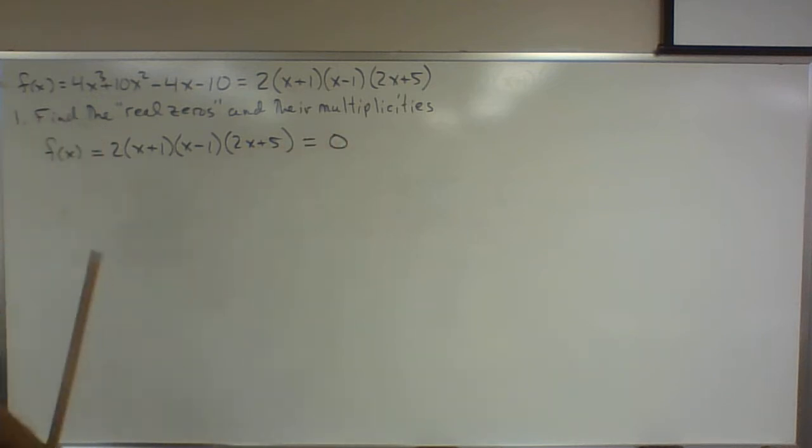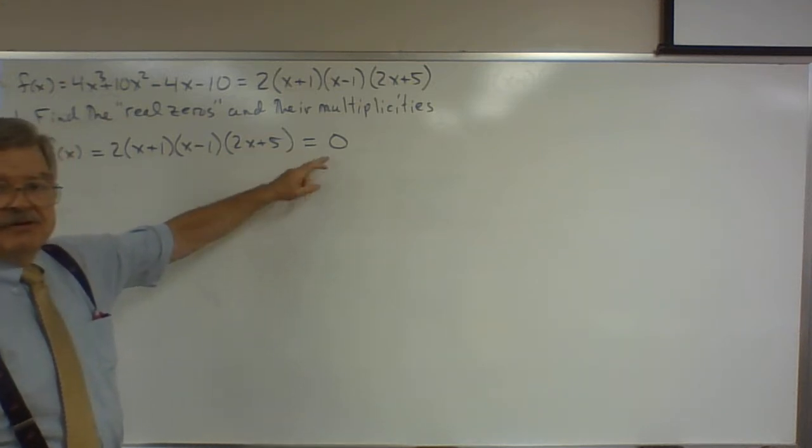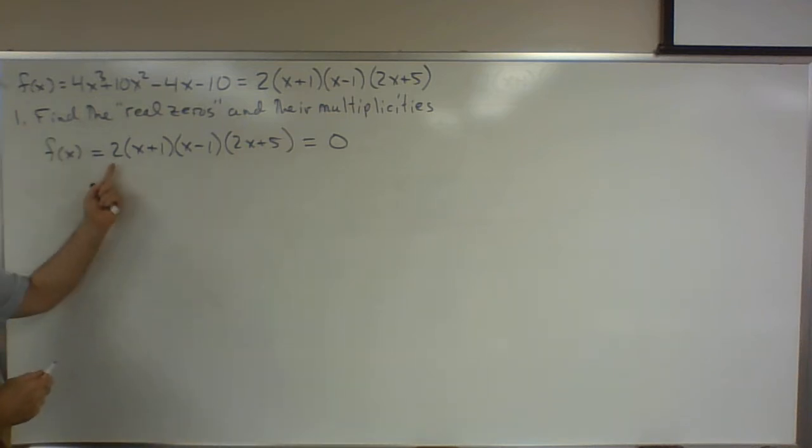If we have a product that's equal to 0, one of those factors must be 0.